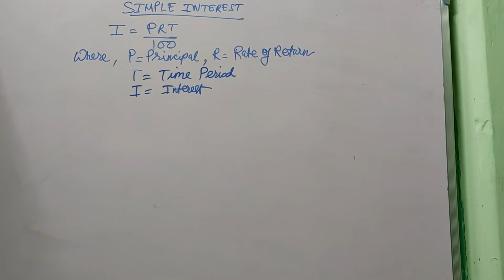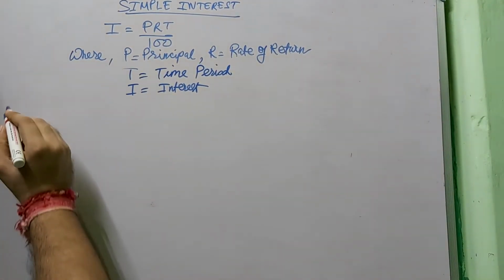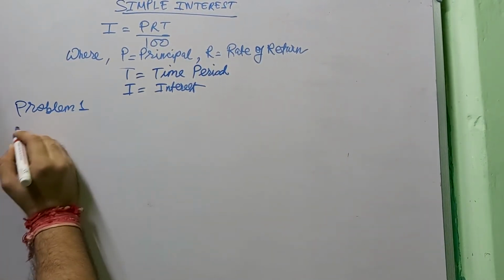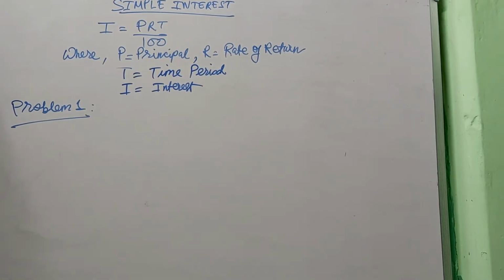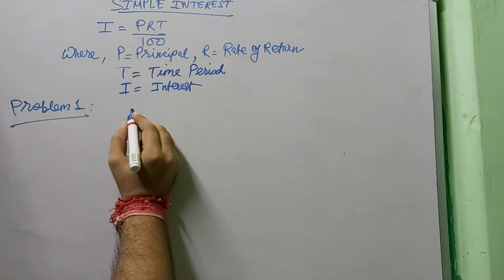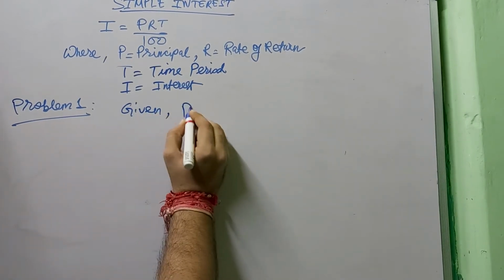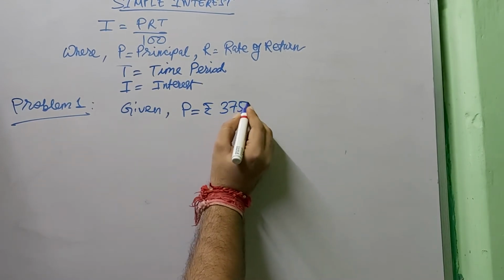So how can we do that? See, problem 1. For the first year, what are the given values? P, principal amount, is given, which is 3750.